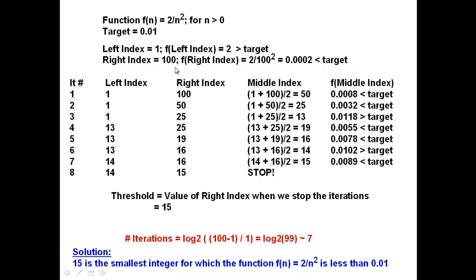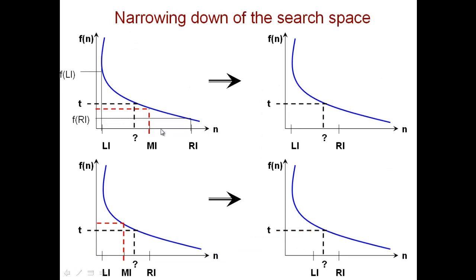Why can't we choose something other than 100? Yes, you could choose even 50 as your right index, because 2 over 50 squared will also be less than 0.01. You could choose 50, or even 1 million, or 1000, or 10,000, anything as the right index, as long as this invariant is satisfied, that it is less than the target, you're good.